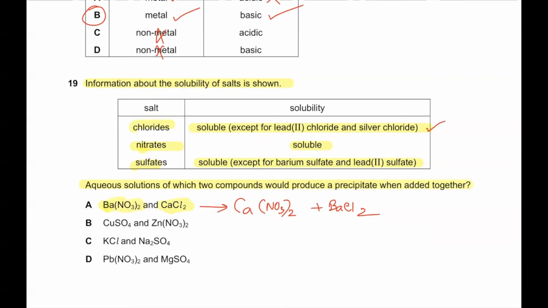We need a precipitate. When we add copper sulfate with zinc nitrate, I think you have already got the point. It's going to be copper nitrate and zinc sulfate, both soluble. Potassium chloride and sodium sulfate give sodium chloride and potassium sulfate, still soluble. Lead nitrate and magnesium sulfate, we are going to get lead sulfate. As we can see, lead sulfate is a solid, thereby it will precipitate. So D will be the correct answer, guys.